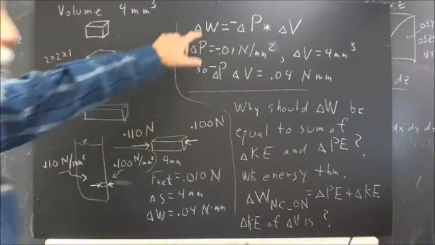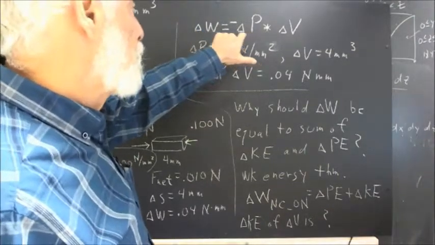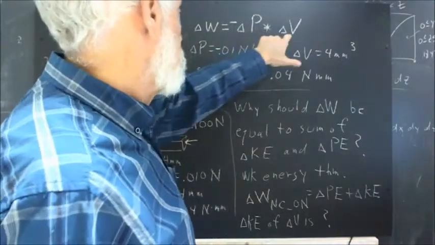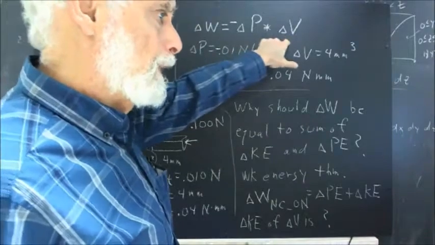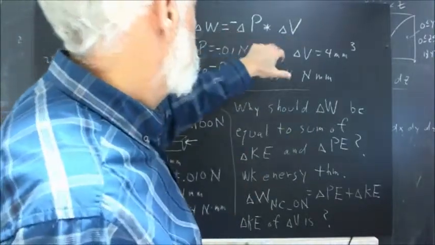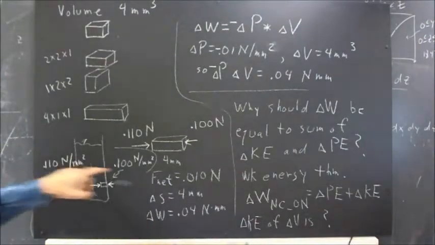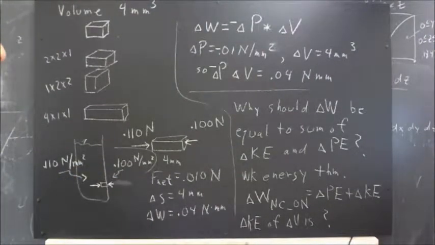Now, I say that the work done is equal to the negative of the pressure difference times the volume increment. So I'm replacing the 4 cubic millimeters with a delta V and a delta P, which corresponds to our 0.01 Newton per square millimeter difference.